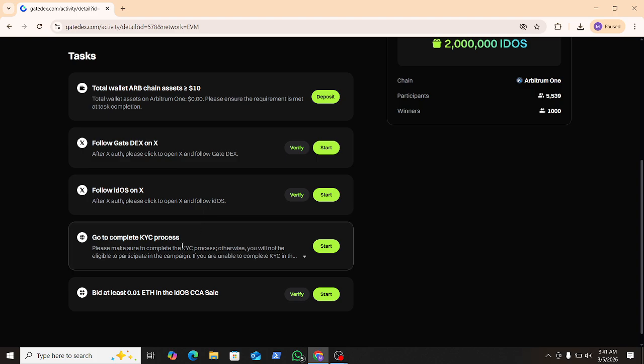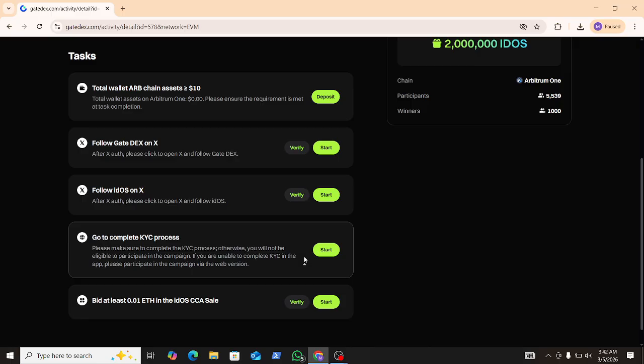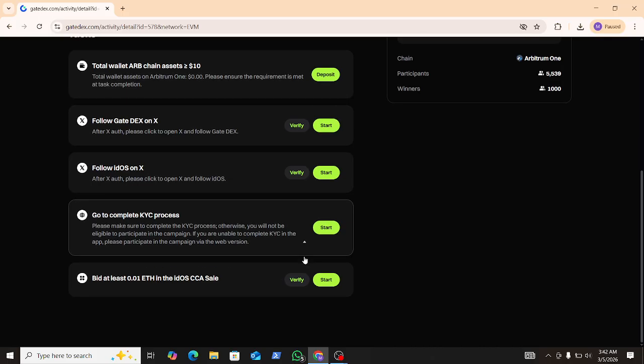Go to complete the KYC process. Please make sure to complete the KYC process, otherwise you will not be eligible to participate in the campaign. If you are unable to complete the KYC in the app, please participate in the campaign via the web version.